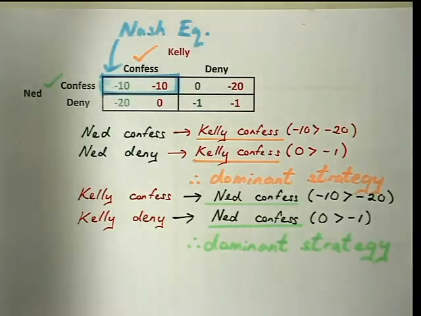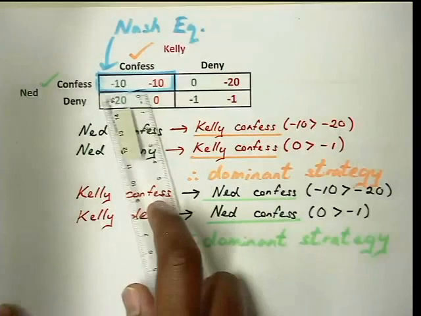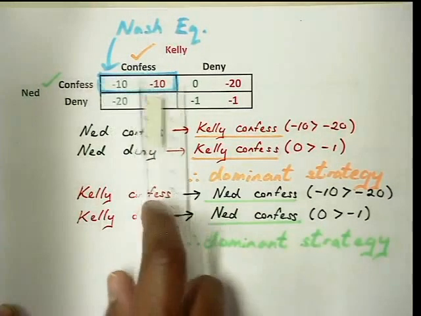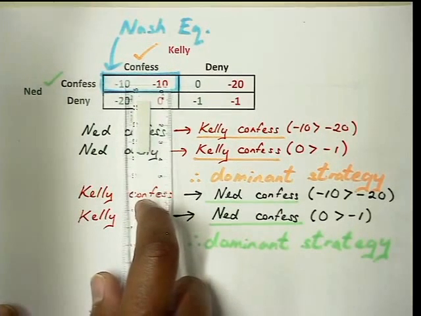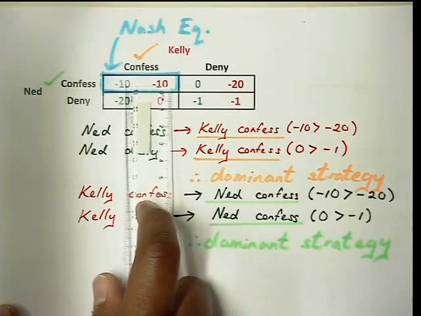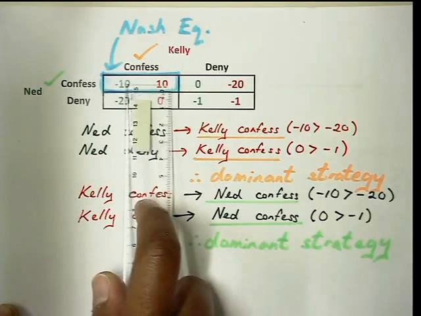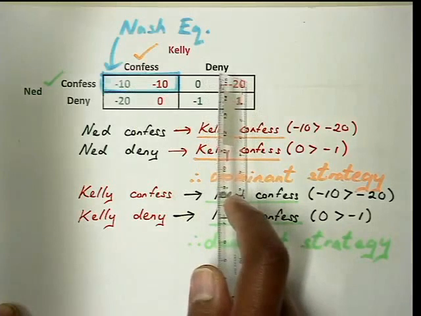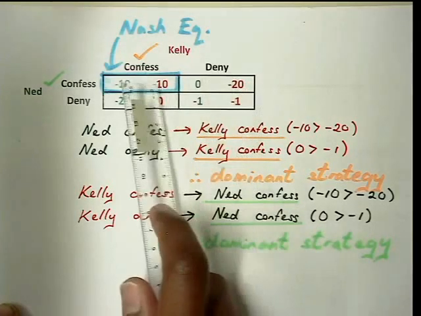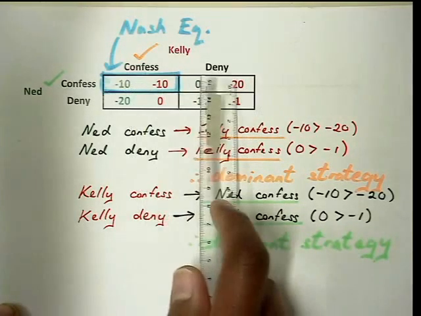This is what I mean by change their move. Let's say we're already here, but then Kelly suddenly changes to deny. If he did, then he will go to jail for 20 years. So does Kelly have an incentive to change his move?